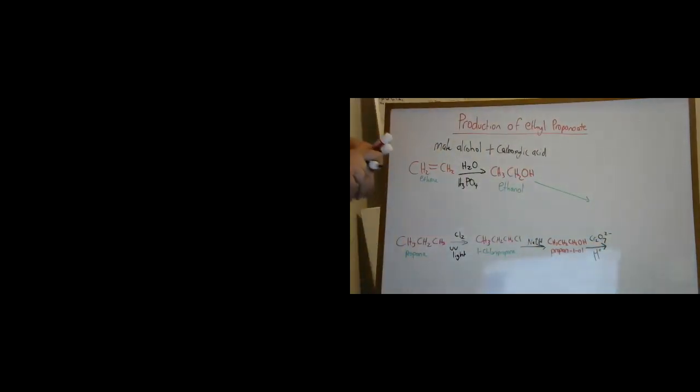We then react that, and I will include all of those slides in the pack that I send out with this. We react with Cr2O7 2- and H+, and we produce the carboxylic acid, or propanoic acid in this case.